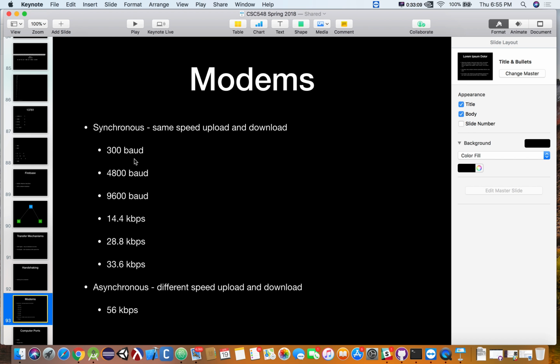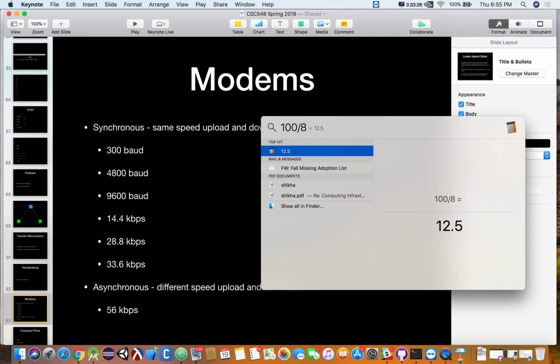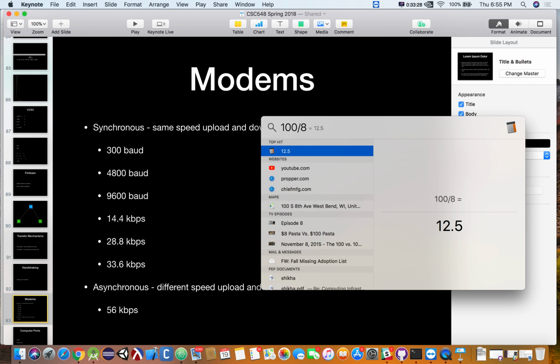A 100 megabit per second internet connection is pretty common now. How many megabytes per second is that? 12.5. Theoretical maximum, right? Assuming who you're downloading from can serve it to you at that speed. So 12.5 megabytes per second.